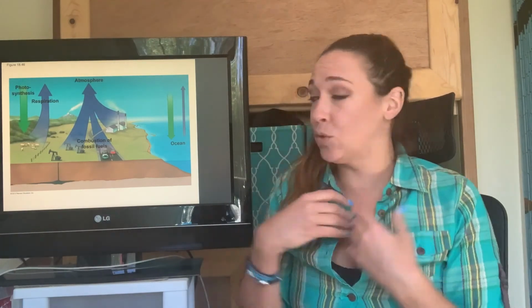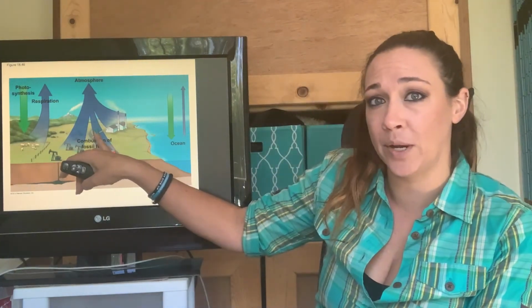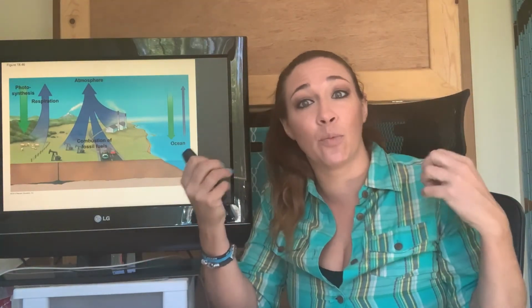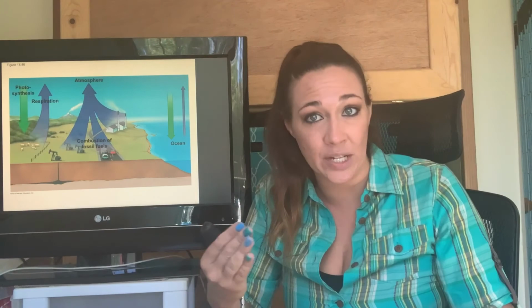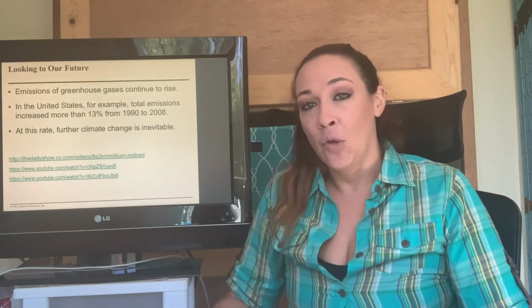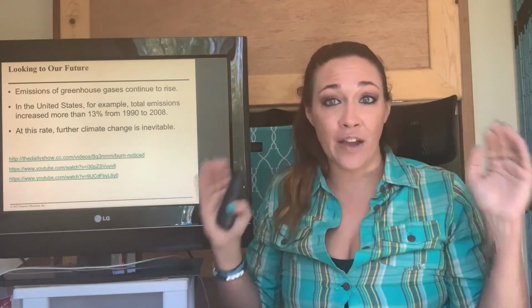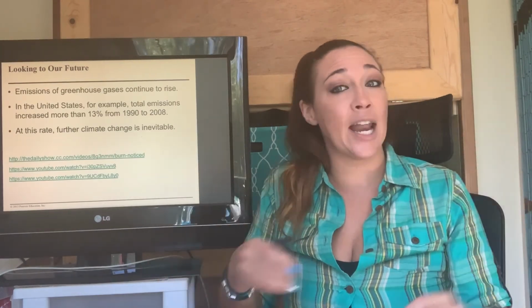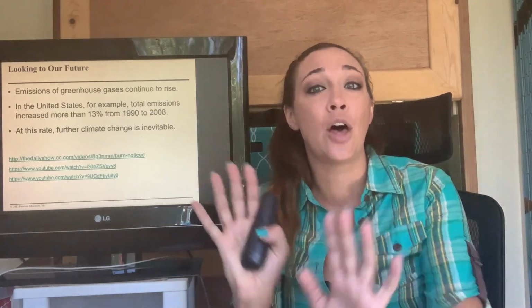So really what we need to do is reduce how much CO2 we're putting out, and increase the amount of things that can remove said CO2 out of the environment, like trees, like algae, stuff like that. So there are ways to fix this, guys. The Earth is very resilient and can bounce back if we leave it alone.